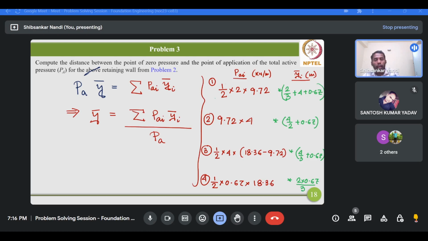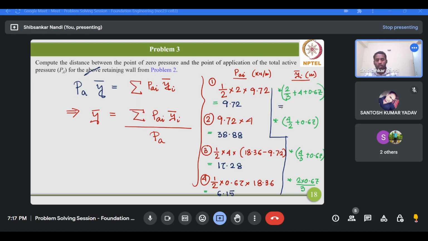Okay, so if you calculate these values, the first value will be 9.72, then 9.72 multiplied by 4, that means 38.88, then (18.36 minus 9.72) into 2, that is 17.28, and then 18.36 into 0.67 divided by 2, that means 6.15.